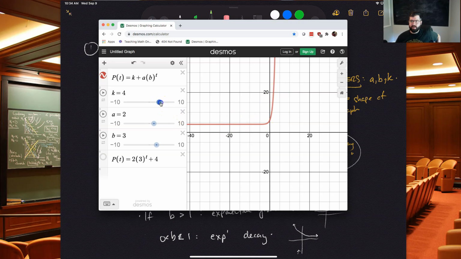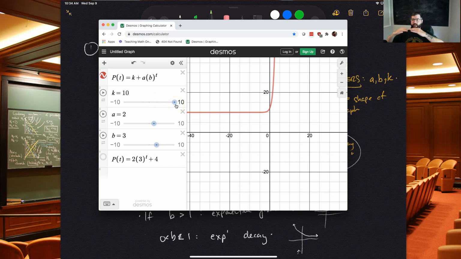So k, if I am to move k up and down, what seems to be happening? It's moving the whole graph up and down. Because why? It's changing the y value, right? It is literally taking whatever the output of the exponential piece is, and then I'm going to add 3.2, or I'm going to add 10.